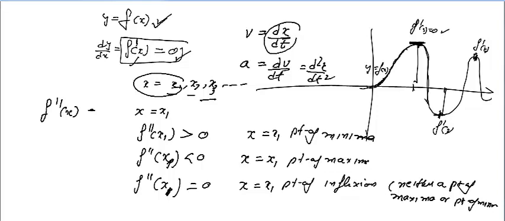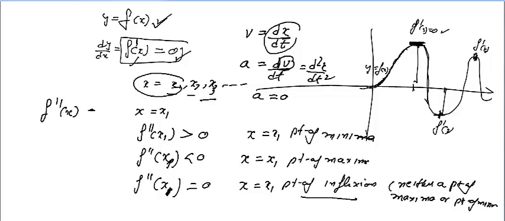If acceleration is zero, it means velocity is constant, meaning you are not changing. So when the derivative is not changing, neither increasing nor decreasing, how will you say it is a point of maxima or minima? No change has happened, so it is the point of inflection.